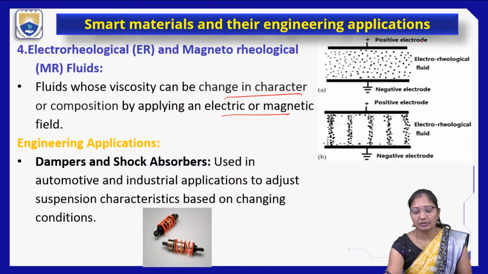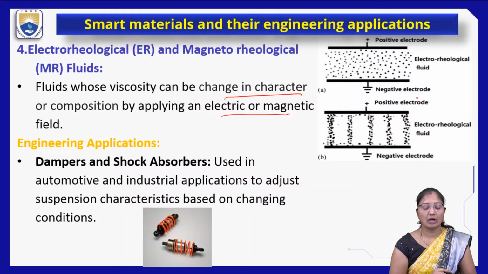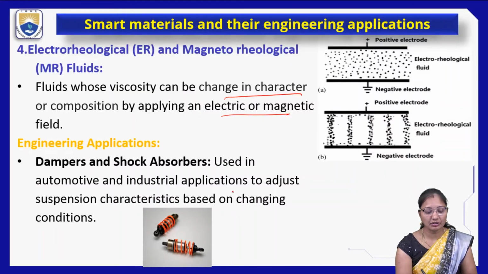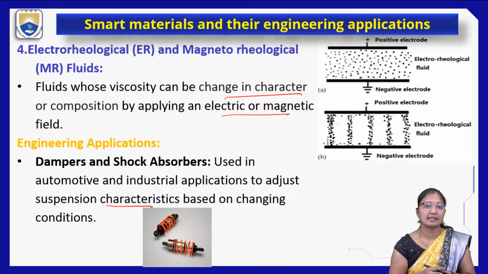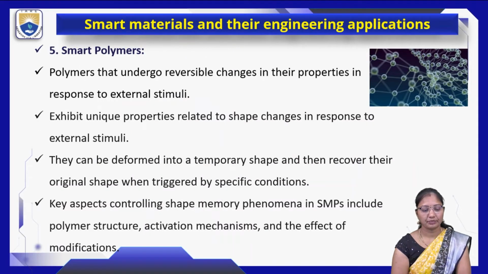Here you can see the electrorheological fluid: when an electric current or magnetic field is applied, we can see the arrangement of these ions. These are used in automotive and industrial applications to adjust suspension characteristics based on the charging conditions.